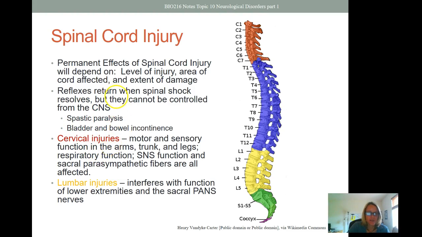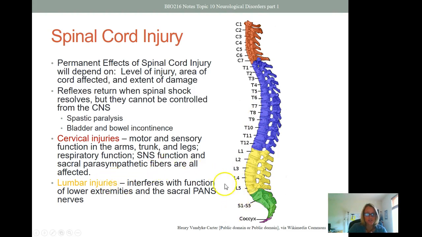In terms of the level of injury, obviously cervical injuries are going to affect more parts of the body than lumbar injuries. With cervical injuries, we lose motor and sensory function in the arms, the trunk, and the legs. This also affects respiratory function and sympathetic nervous system function, because the sympathetic nervous system comes out of the thoracic and lumbar sections, and all sacral parasympathetic fibers are also affected.